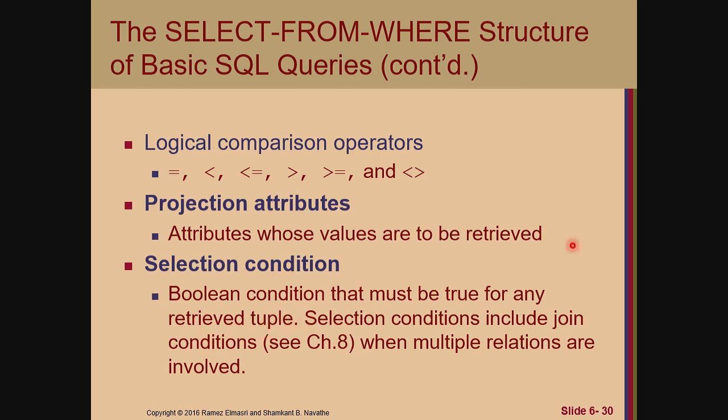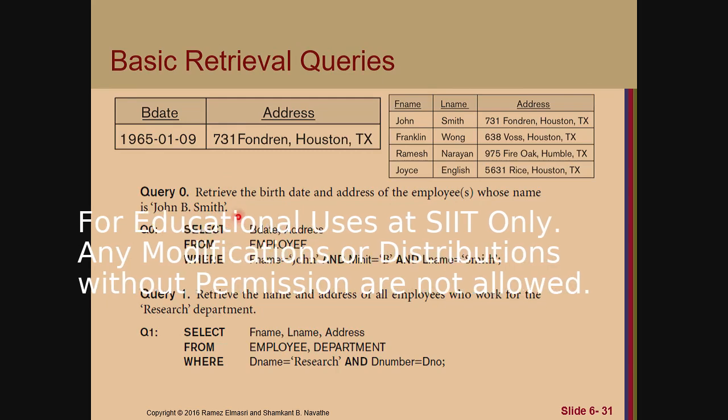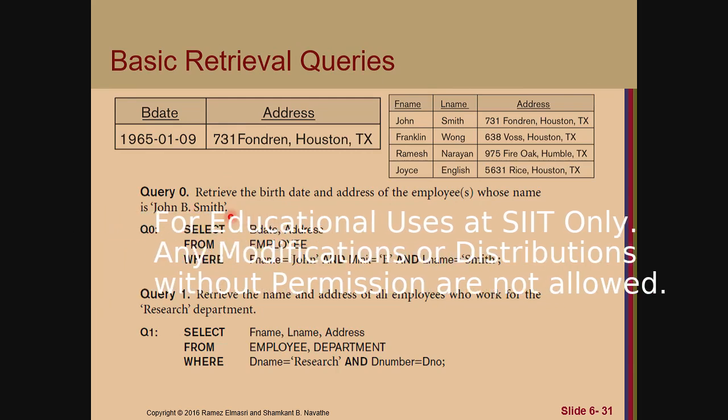Let's see. For example, query 0: retrieve the birth date and address of employees whose name is John B. Smith. Okay, let's see what they want. They want information of John.